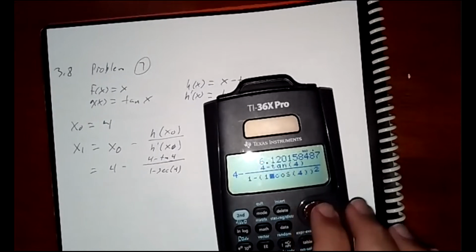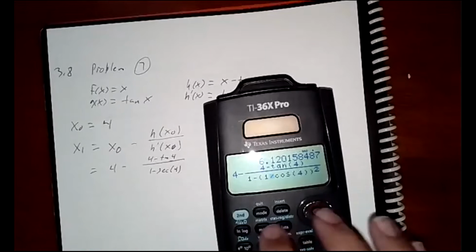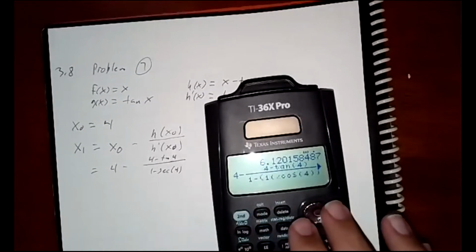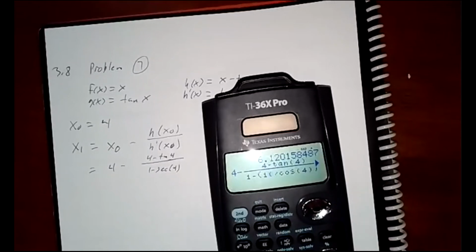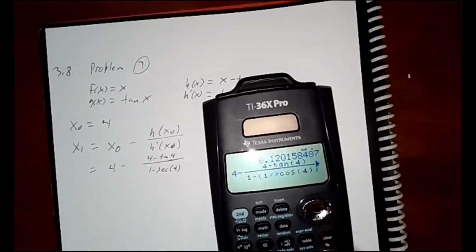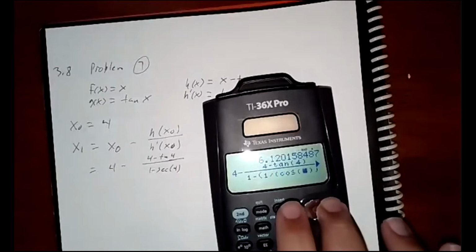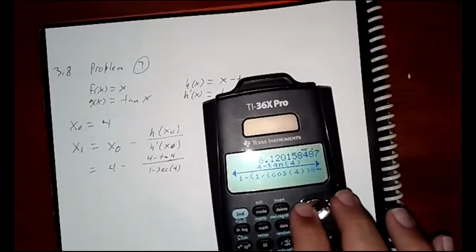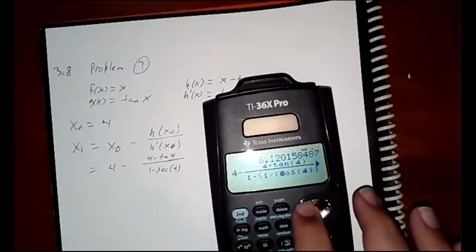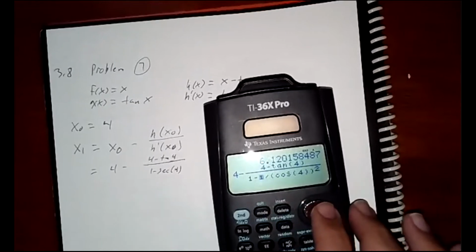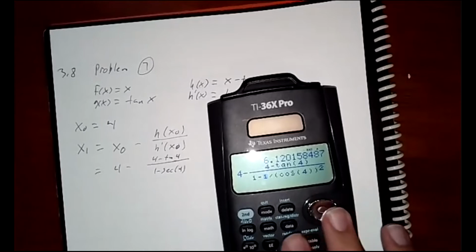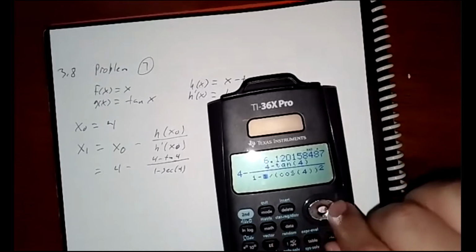One minus 1 over cosine, and squaring the bottom.